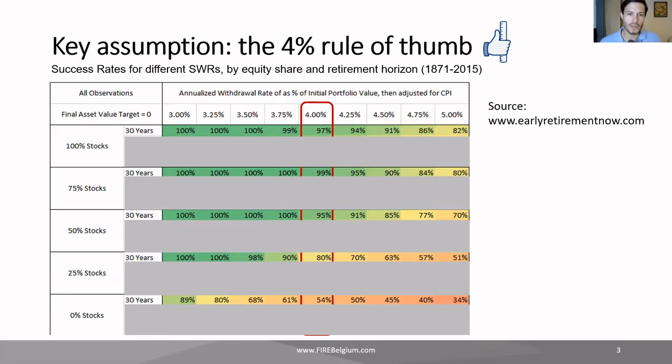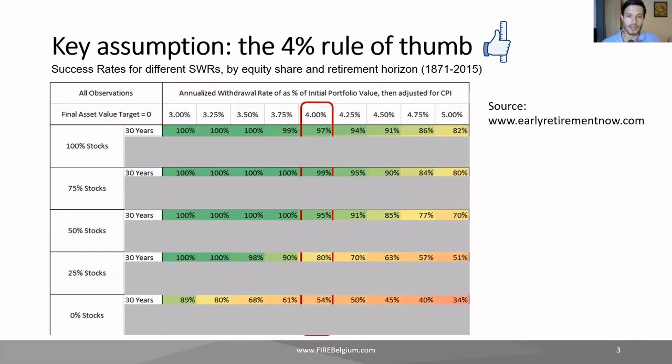So we see that the 4% rule of thumb works quite well for portfolios of 100% stocks, 75% stocks, and it starts declining at 50% stocks. If you have only 25% stocks, you basically can't survive because there's not enough growth, and only 80% of those tests actually succeeded for a timeline of 30 years.